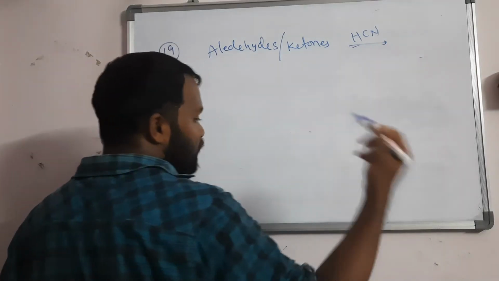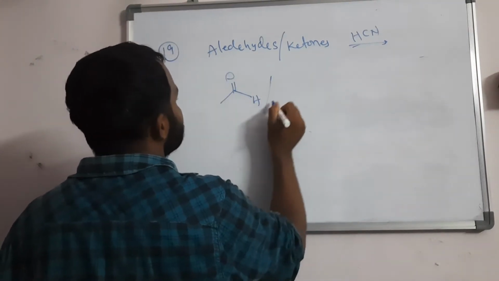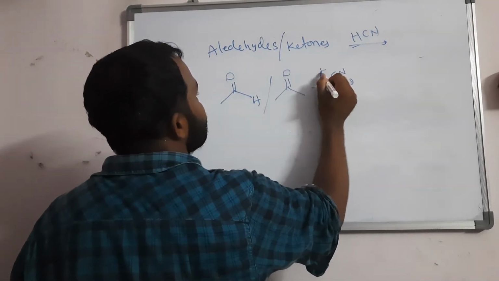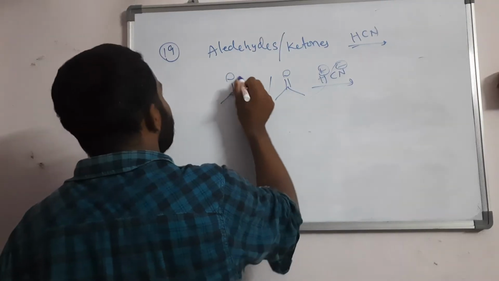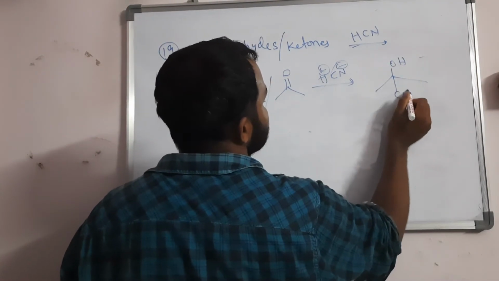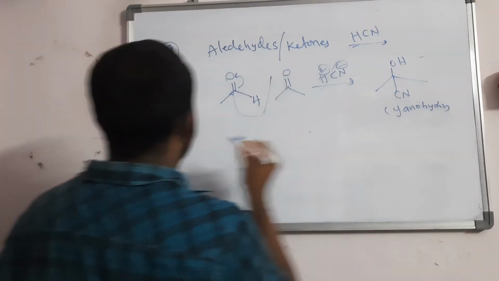Options they given like different products. This is the aldehyde, this is the keto group. If I react with HCN, it forms H+ and CN-. This reacts here and forms cyanohydrin, with OH and CN. Cyanohydrin is the answer.